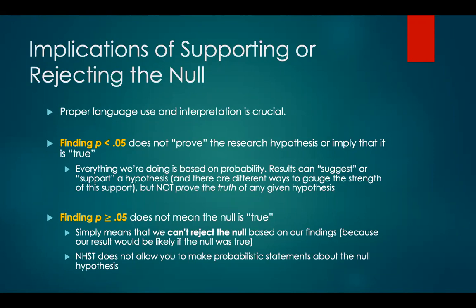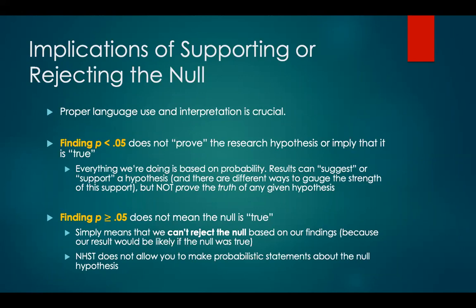Now, finding a p-value greater than or equal to 0.05 does not mean that the null is true. It simply means that we can't reject the null based on our findings, because our result would likely be likely if the null is true, right? So a high p-value means that our result is more likely under this null hypothesis. Therefore, we can't reject the null.